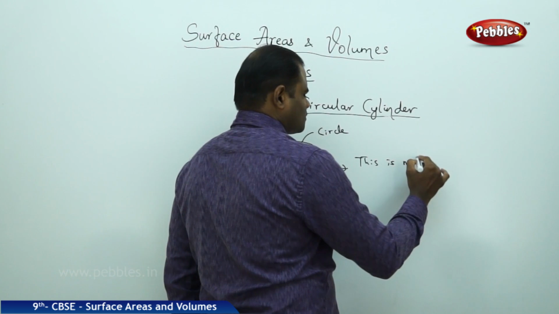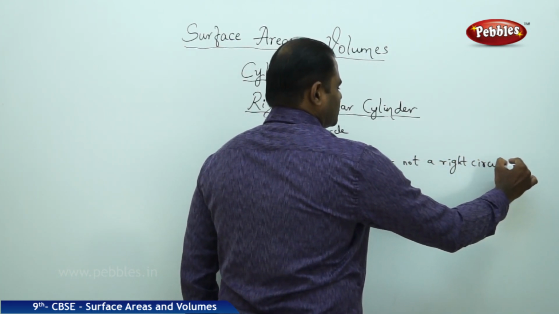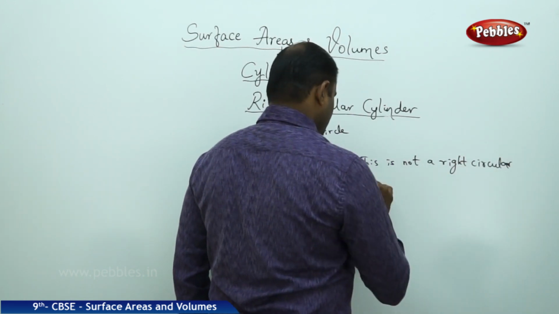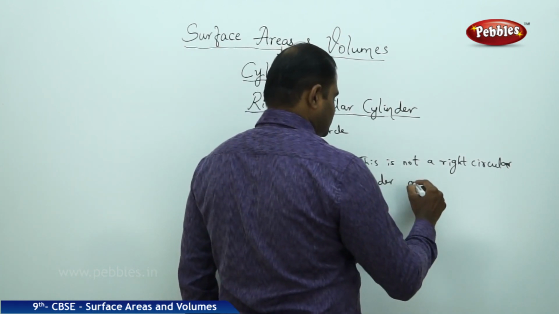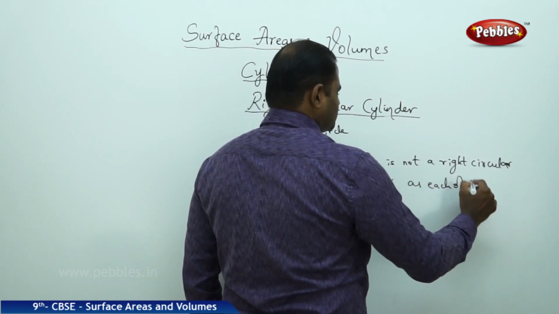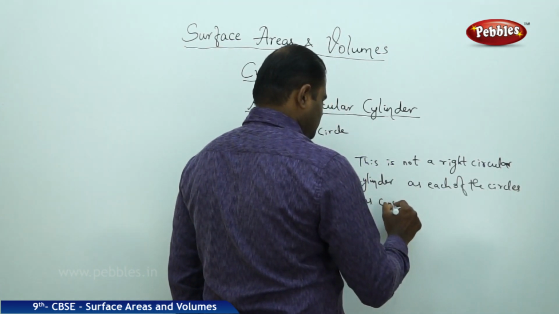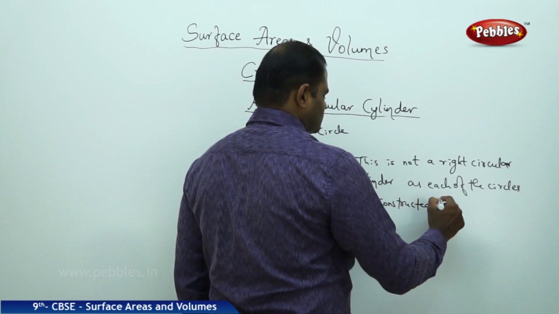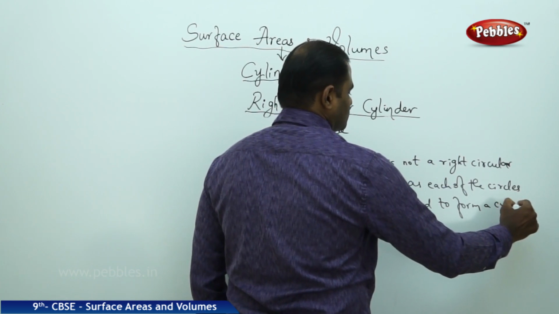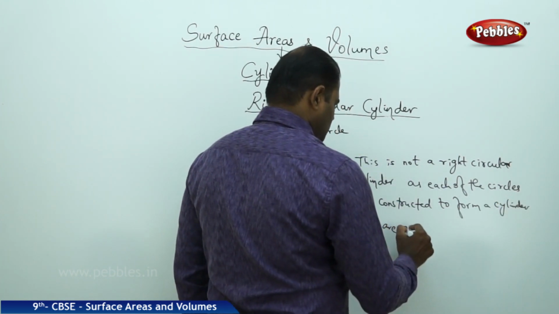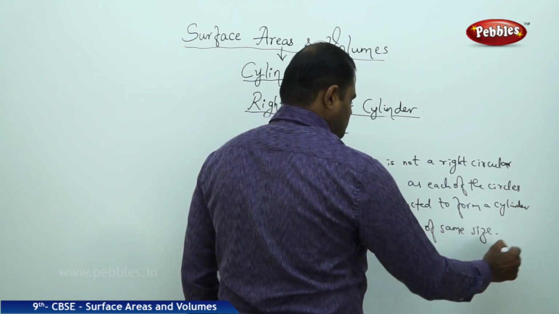This is not a right circular cylinder, as each of the circles as constructed to form a cylinder are not of the same size.